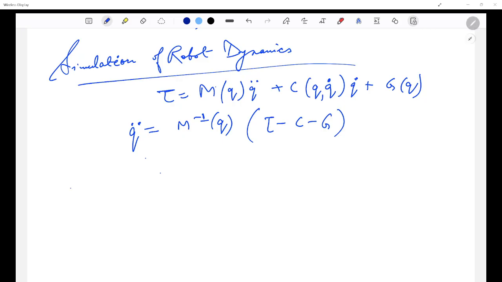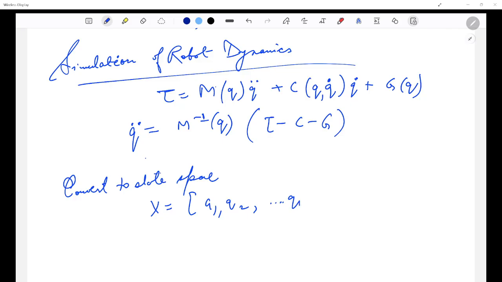Apart from this, we need to convert to state space. So we need to define the state vector x, which consists of q1, q2, and up until qn, and then q1 dot, because we need velocities in the state as well, q2 dot up until qn dot.